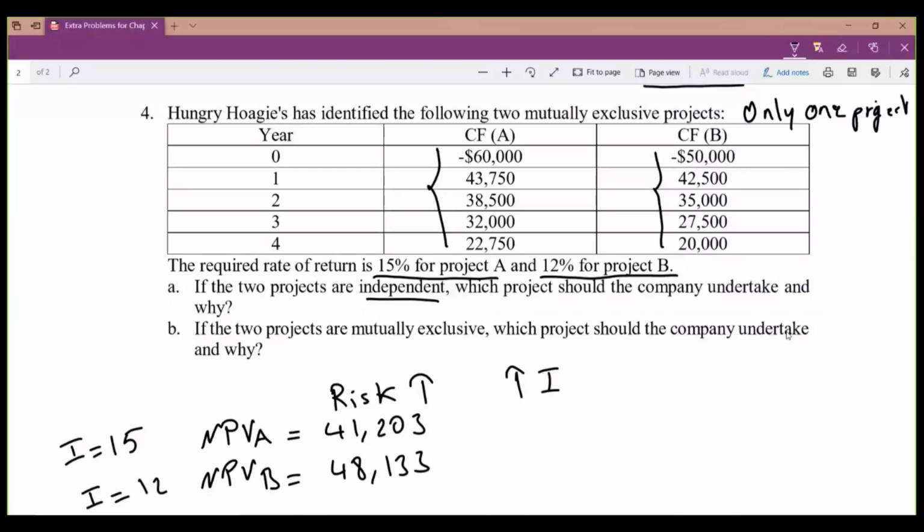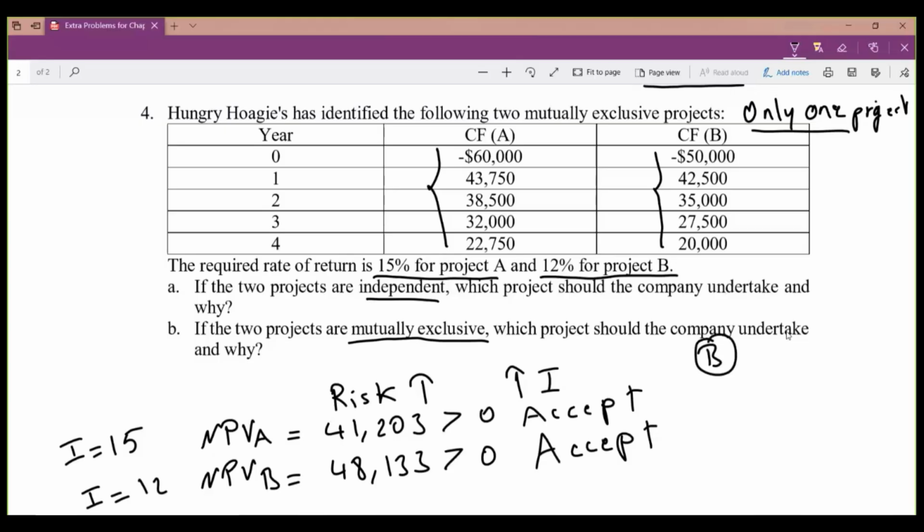So if the 2 projects are independent, I should accept A and B. However, when the 2 projects are mutually exclusive, I can choose only one project. So in this case, I will choose project B because it has the highest NPV.